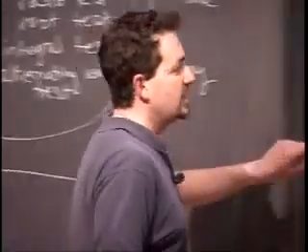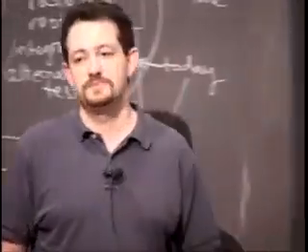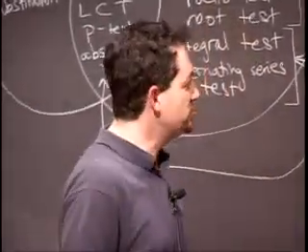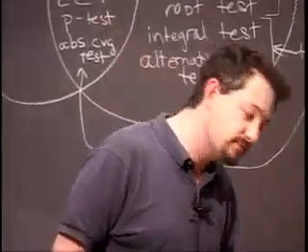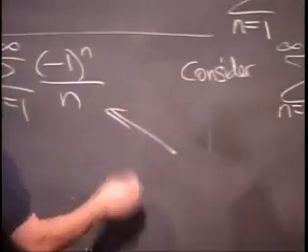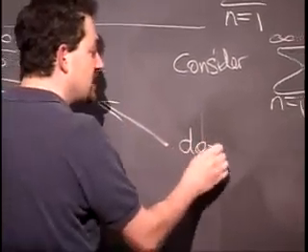Okay. So, what can you conclude about the original series? Nothing. You cannot use the absolute convergence test to show that something diverges. All you can say is that this does not converge absolutely.